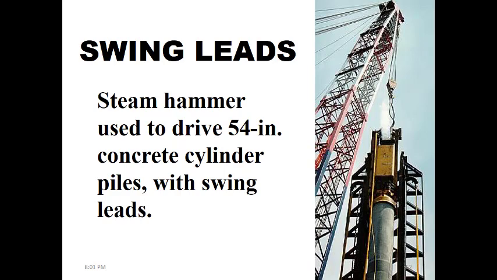Well, it's really a big pile. Think of this, the dimension that I have on the slide, like 54 inches concrete cylinder pile that we need to swing, position it, and drive it down the media. So it can be a really tricky process, and it's really easy to break these piles if it's not done properly.